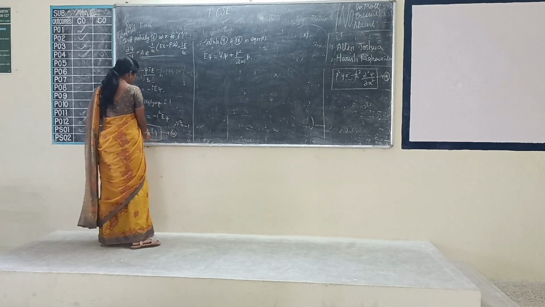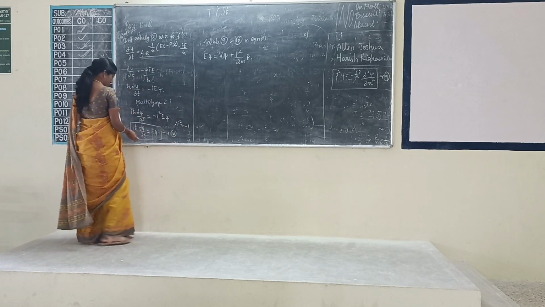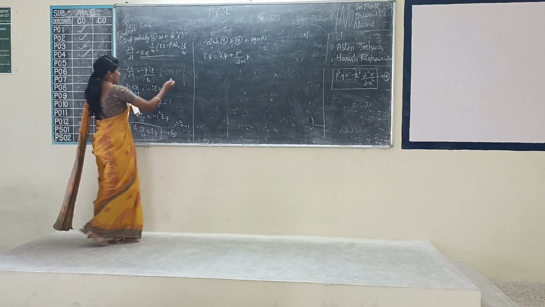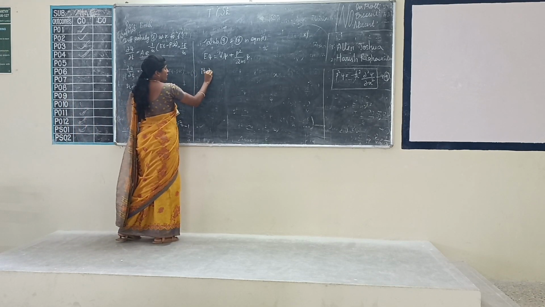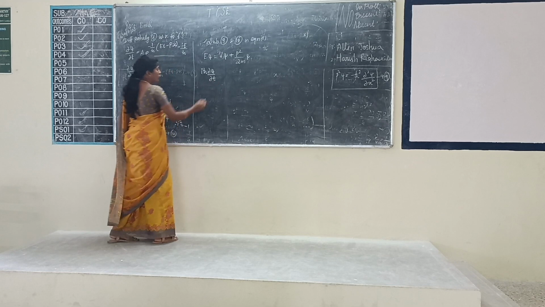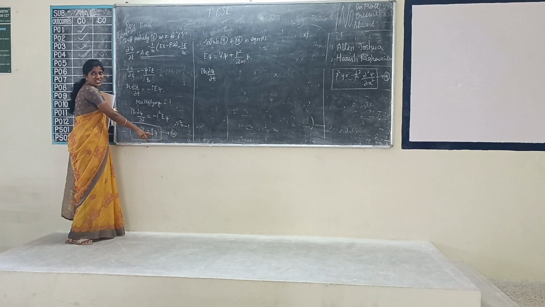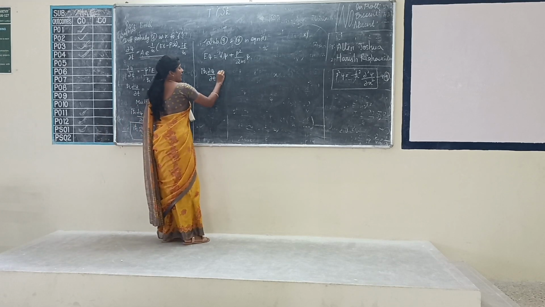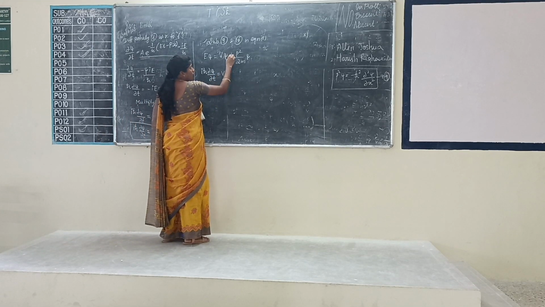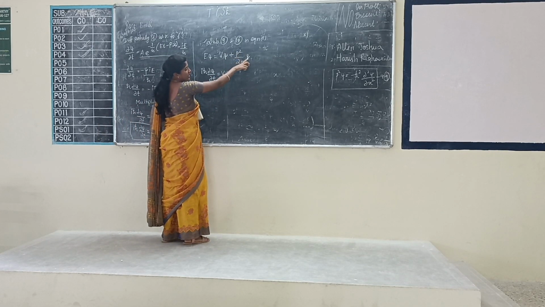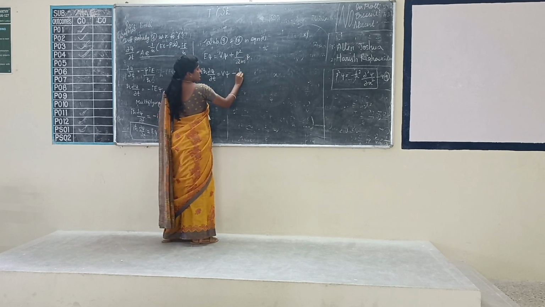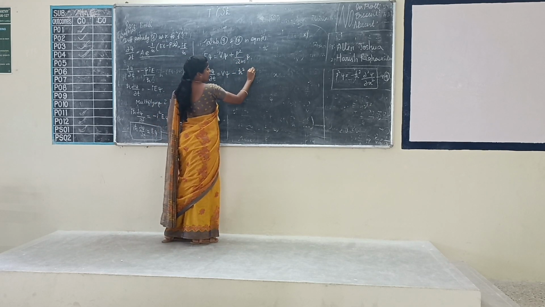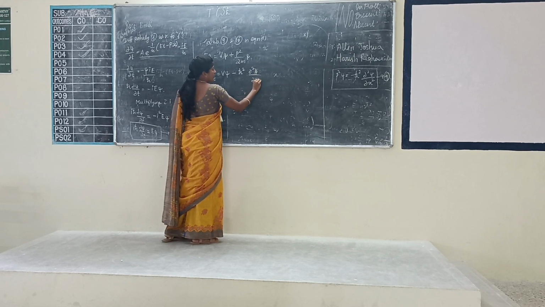So substitute Eψ, which is equal to i h cross of ∂ψ/∂t. Am I right? So what is the value of Eψ? i h cross of ∂ψ/∂t. What is the value of p²ψ? Minus h cross squared ∂²ψ/∂x².